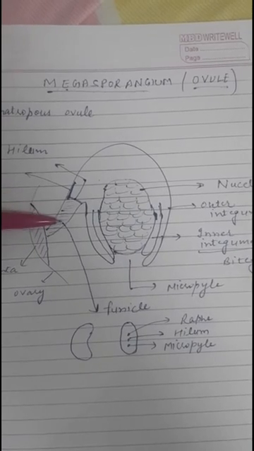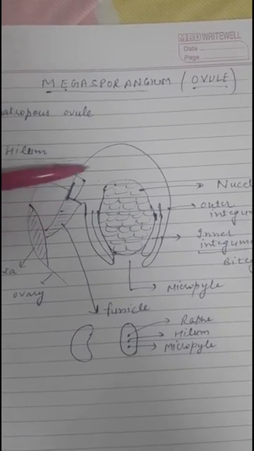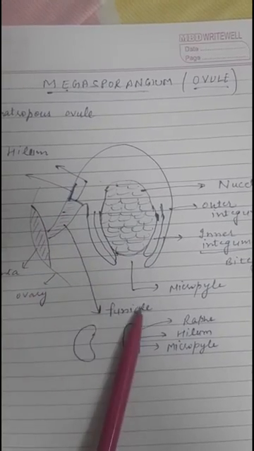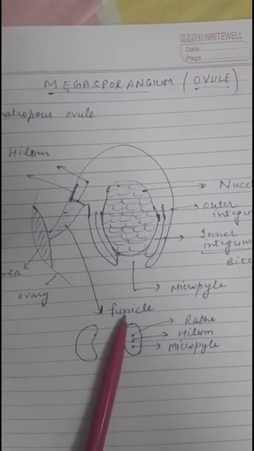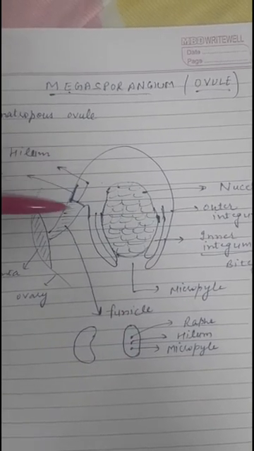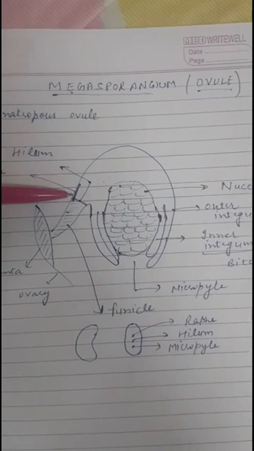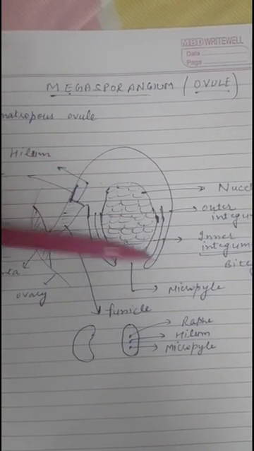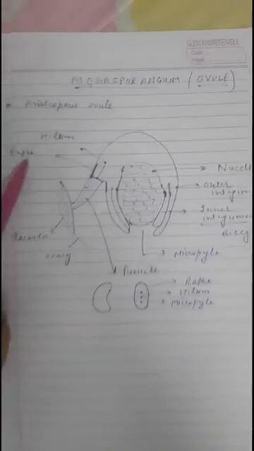Now from this placenta, the attachment which will connect this ovule with the placenta is called funicle. Now this funicle tissue will extend slightly towards the ovule and is called raphe.